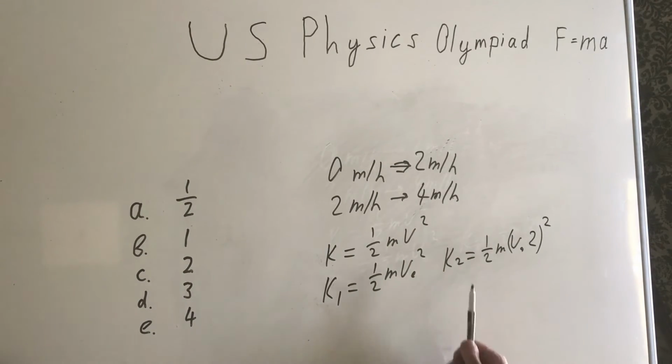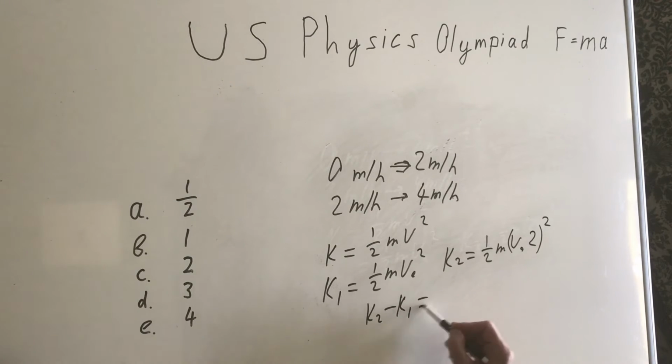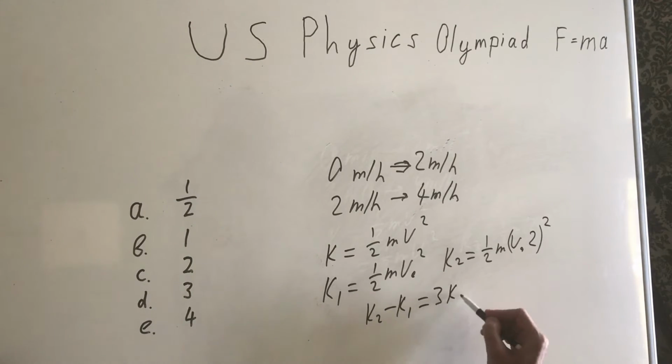So we see that the kinetic energy K2 is 4 times greater than kinetic energy K1, but we need to find what is K2 minus K1 and compare this amount to K1. So we see that that's 3 times more. So the answer is D, 3 times.